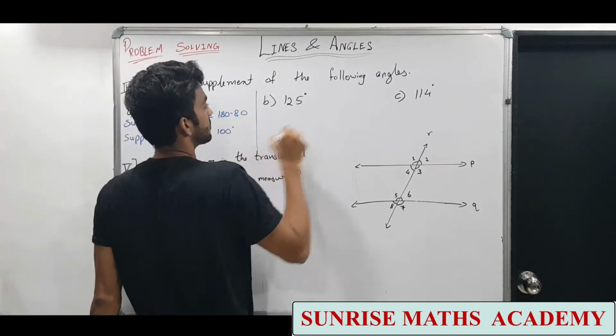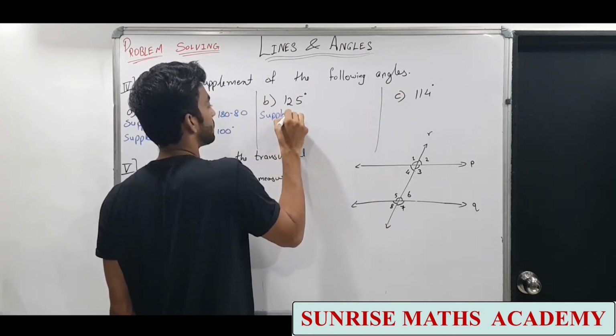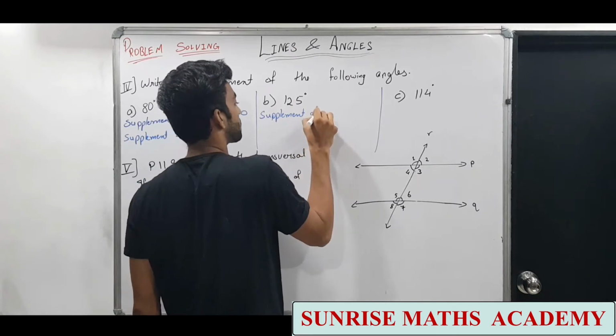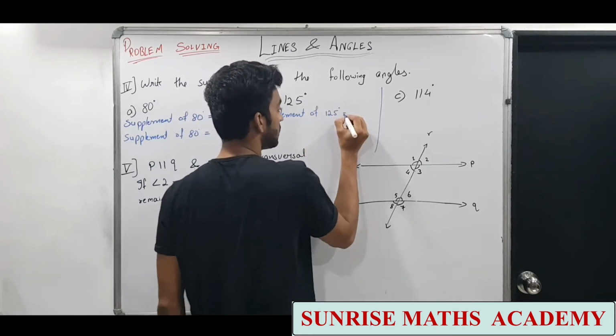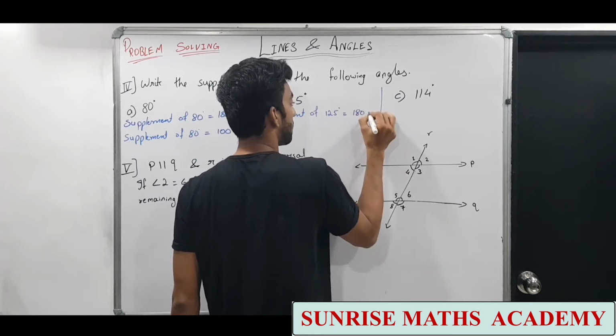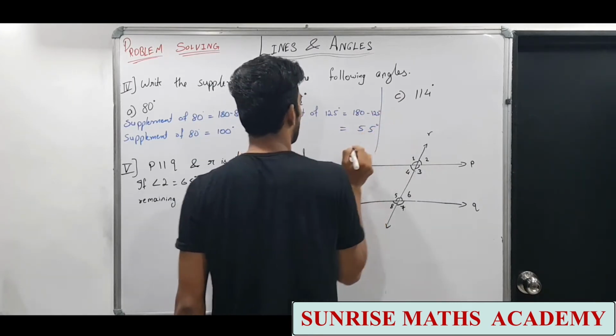Next is 125. Supplement of 125 will be 180 minus 125. That is 55 degree.